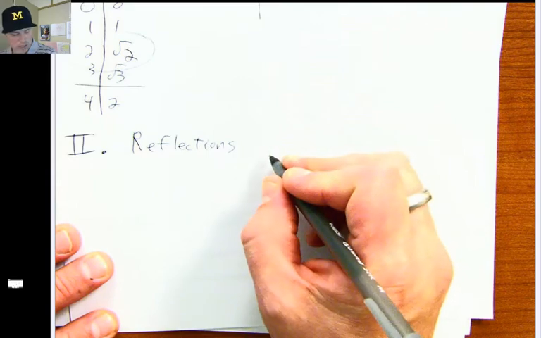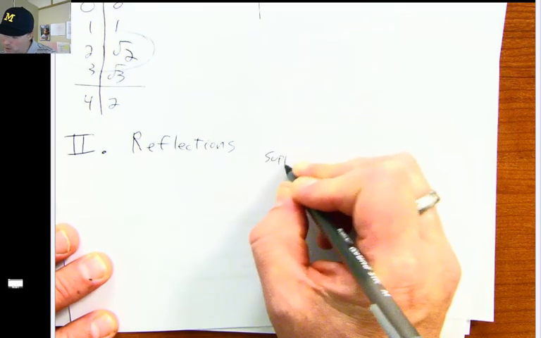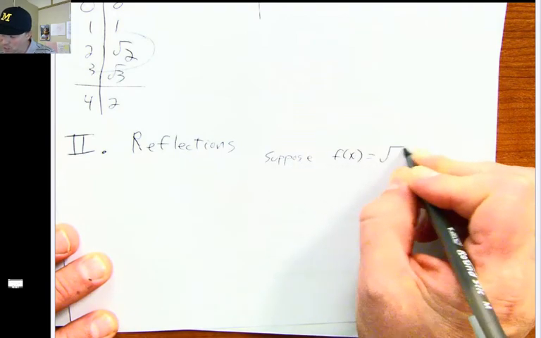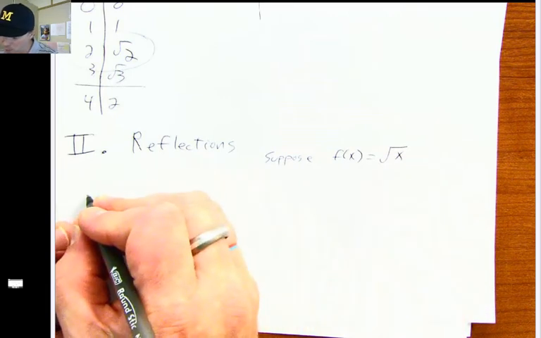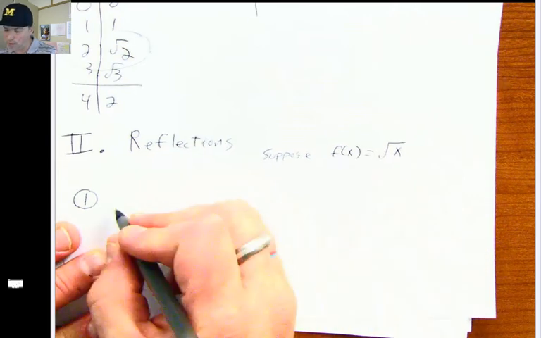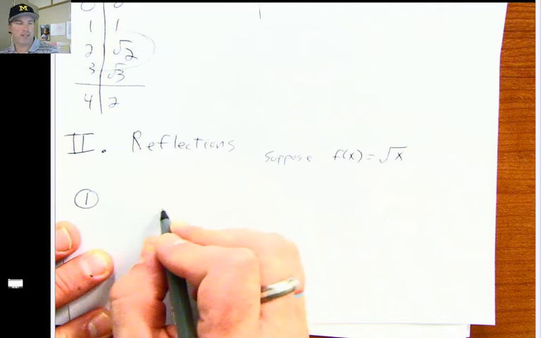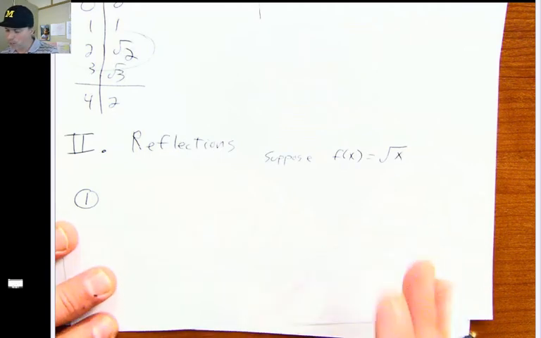Now, at the beginning, let's suppose that f of x equals square root x, our parent graph, because I'm going to test these reflections out using the square root graph. So for number 1, leave a little blank space here, because this blank space is where we're going to identify what type of reflection it is.